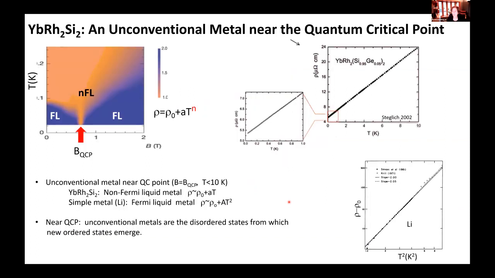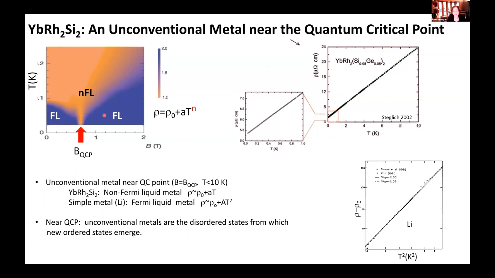So in the next couple slides, I want to show you how different the properties of materials are near these quantum critical points. And I'll do that by looking at a few benchmark materials. So this is YbRh2Si2, a material that was heavily studied by Frank Steglich's group in Dresden. What I've plotted here is the consequence of many resistance measurements carried out at different temperatures and at different fields.